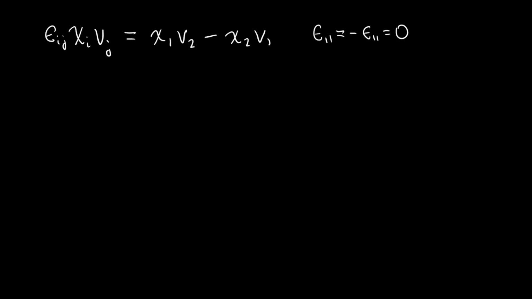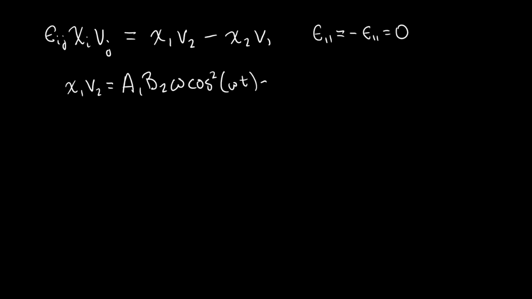Okay, so we have this expression. Now I just plug things in. I find that x1, v2 is a1, b2 times omega, and there's nothing tricky going on here.